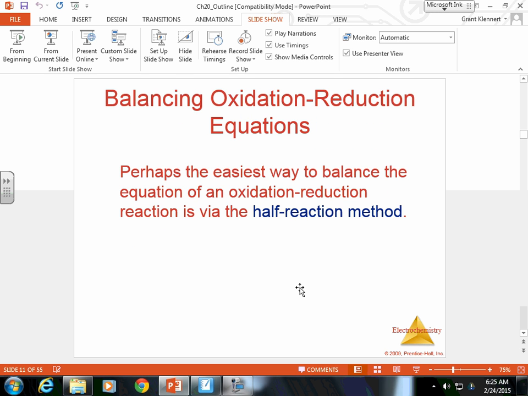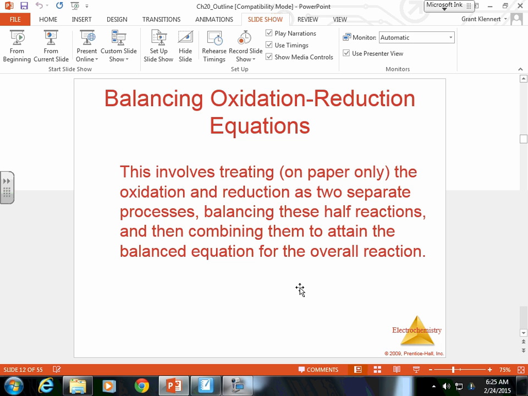So now that we've covered oxidation numbers, let's look at the ways in which we have to balance oxidation reduction reactions. Now, we're going to add a couple things to how you've balanced reactions in the past. This is continuing to work on balancing equations that we've worked with, but we're going to add a couple things.